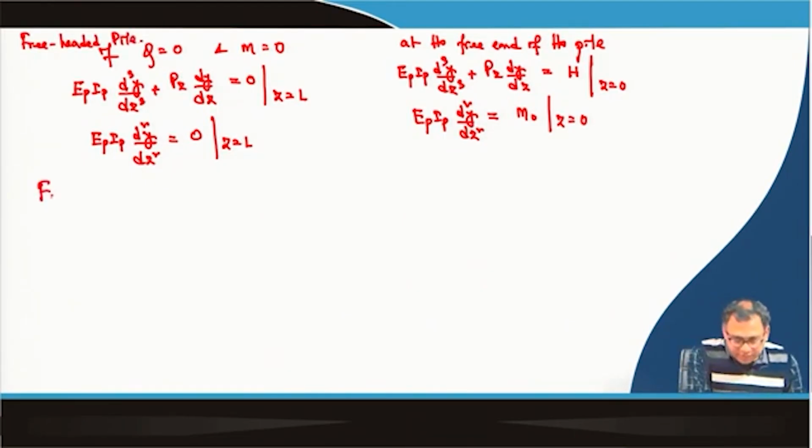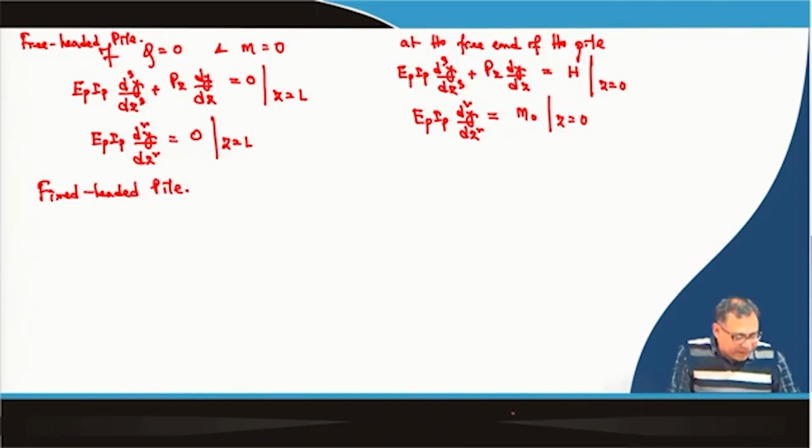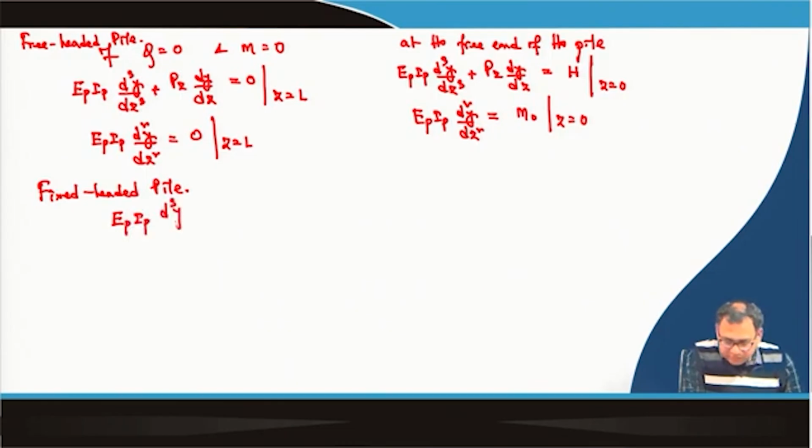Now, for the fixed headed pile, the shear force equation will be the same as this equation, E_p I_p d³y/dz³ plus P_z dy/dz will be equal to H at z equal to 0.